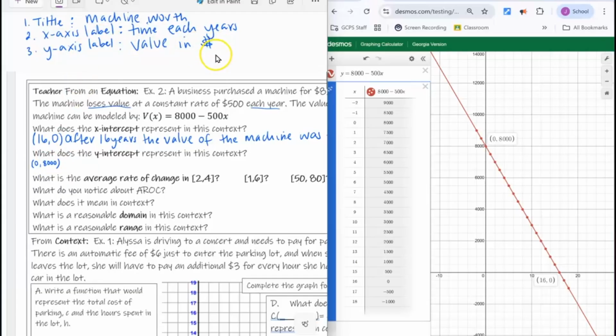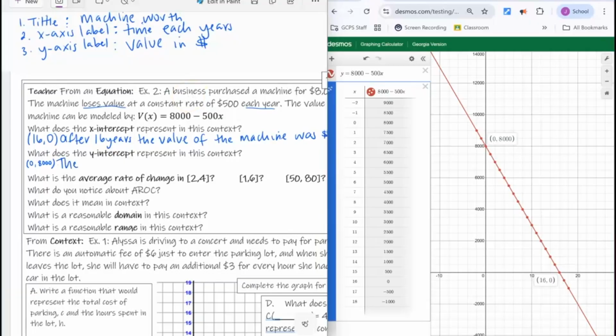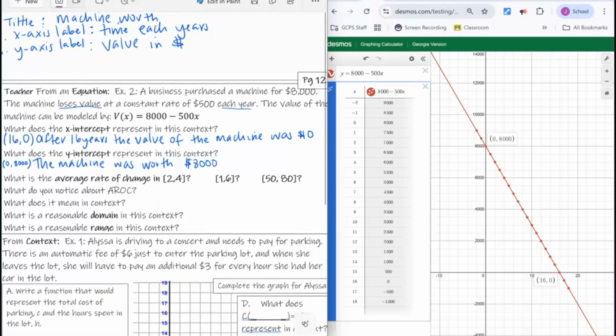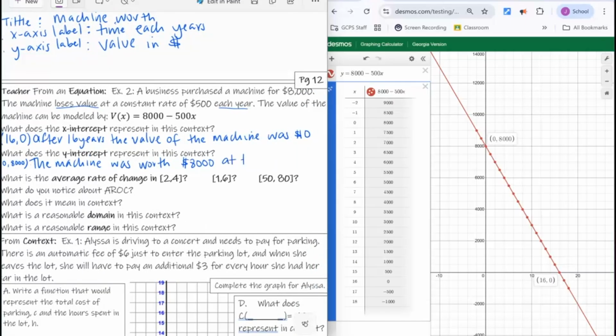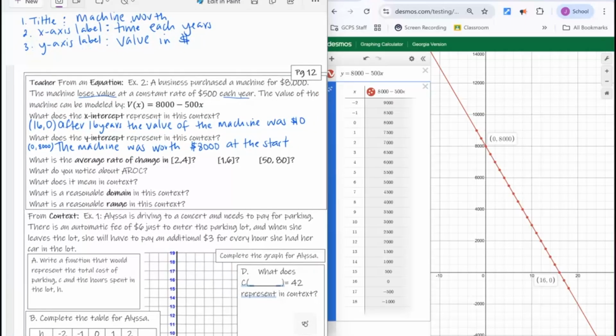Okay, now you can clean up that sentence a little bit better and just say the machine was worth $8,000 when I first got it, or at the start, or at the beginning. Anything like that is fine. Okay, so the machine was worth $8,000 at the start. Or I can say when I first bought it.